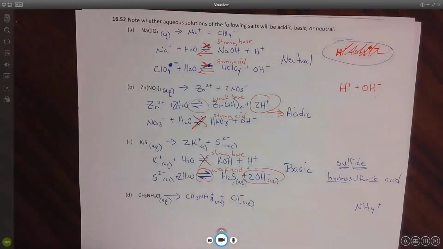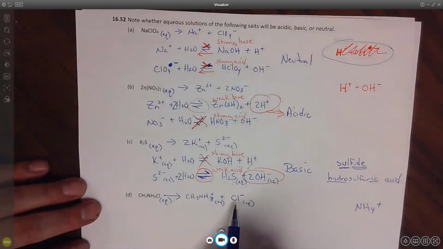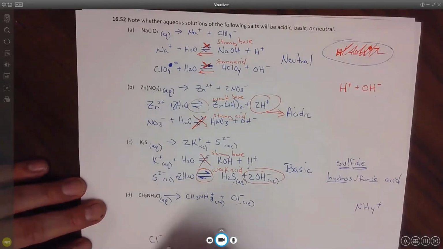Michael, do you recognize any ions that will not hydrolyze for sure? The CH3NH3 plus? Nope. So for the chloride, well, I know that's not going to hydrolyze because that's the conjugate base of a strong acid. Again, the chloride would react with water.